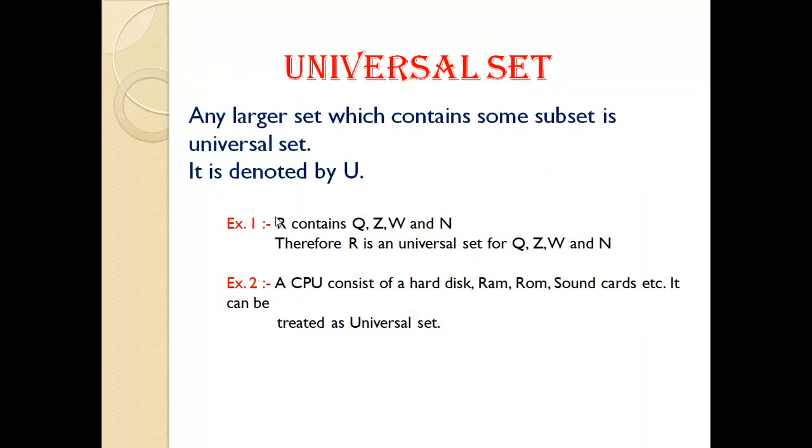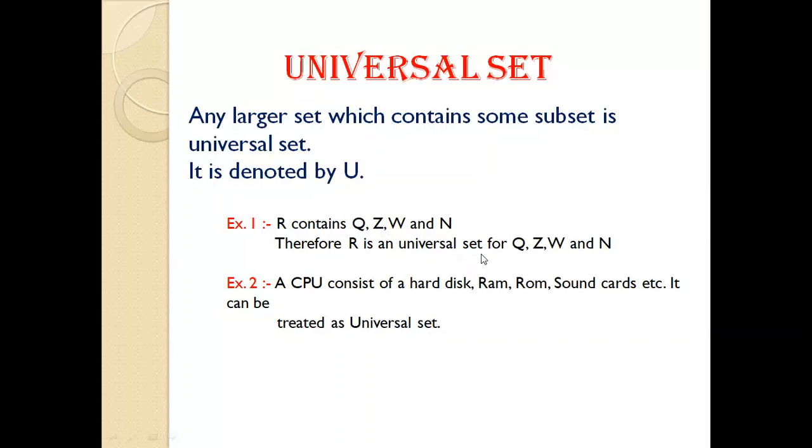Now we see universal set. Any larger set which contains some subsets is called a universal set, and it is denoted by this symbol, capital U. Now we see the first example. R contains rational, integer, whole and natural numbers.